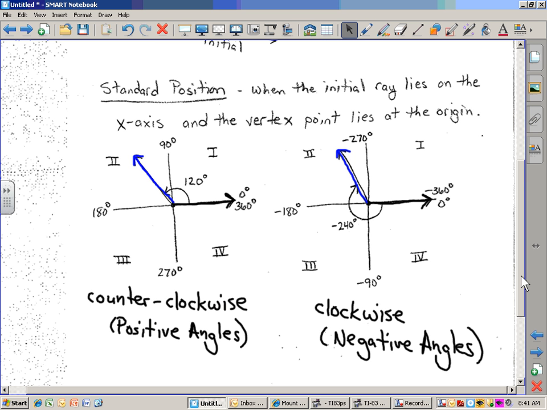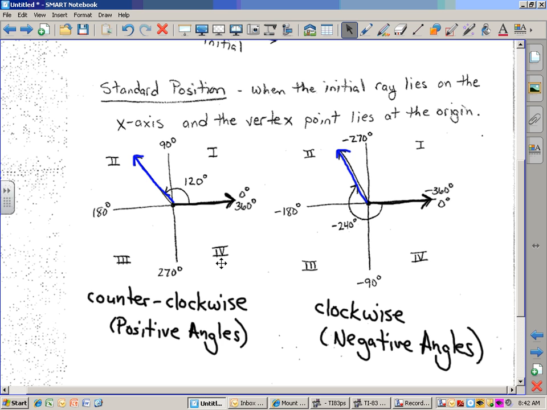So you can see in this first, we're going in a counterclockwise way. We're getting positive 120 degrees. Okay, there's also a lot more information here. You can see our quadrants are 1, 2, 3, and 4. And we measure 90, 180, 270, 360. 360 would be one full time around.